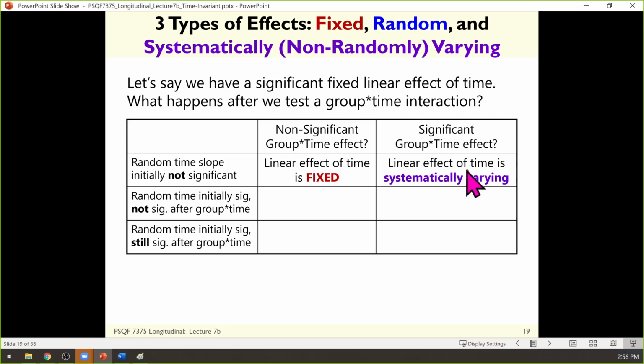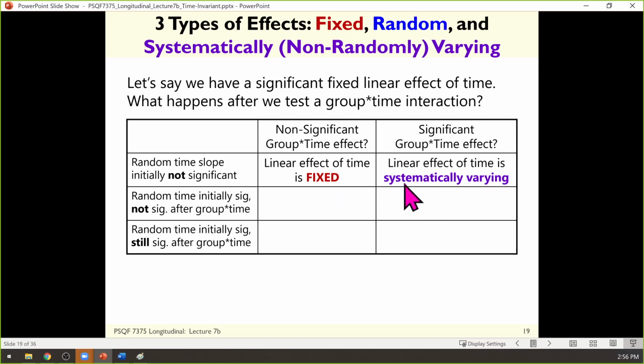And so that's how I would talk about the effective time in this situation if I were to have a significant interaction term with group, but yet there's no random slope variance to go with it. So long as you test your random slope variance first, that's the key, prior to adding in the cross-level interaction. That's the most responsible way to go about this process.